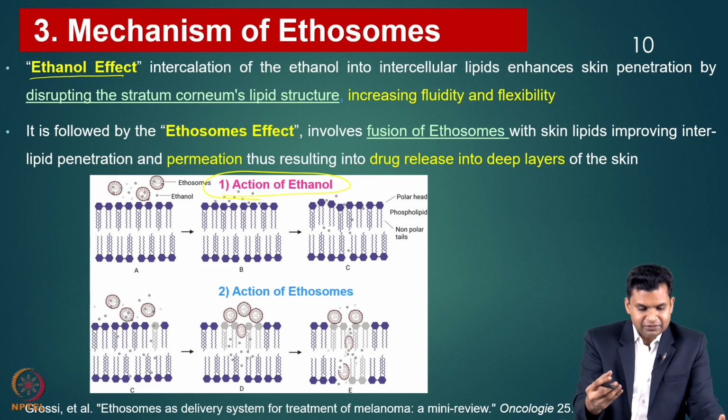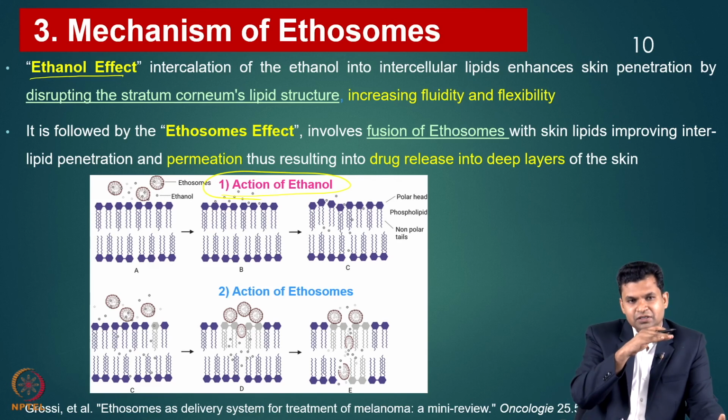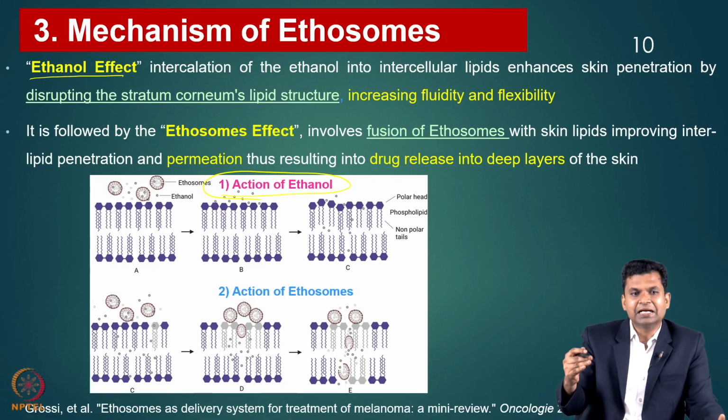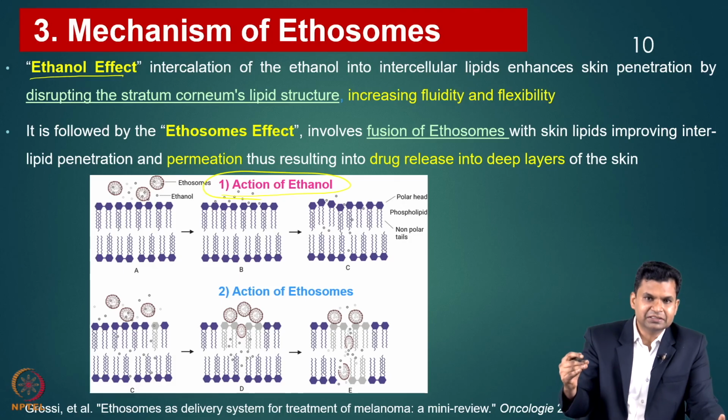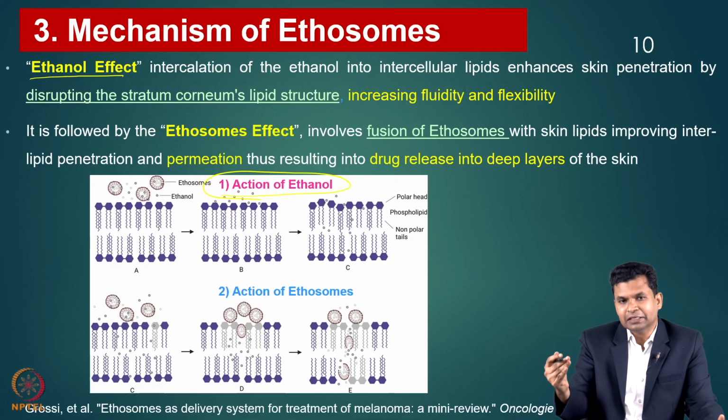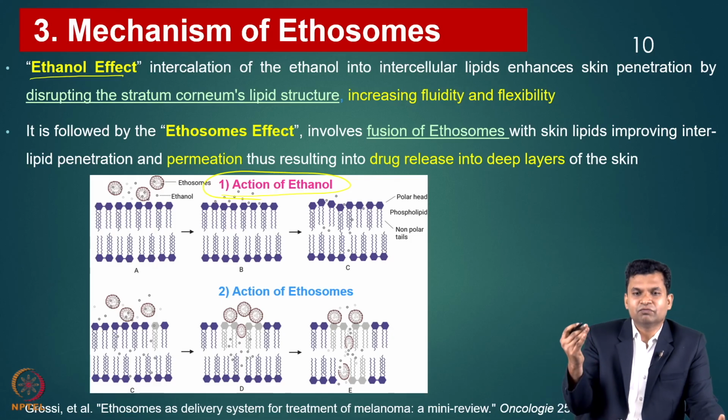It will interact with the lipid layers of the stratum corneum, and that ethanol will disturb the stratum corneum lipid structure, which will help in the fluidity and flexibility of the vesicles.